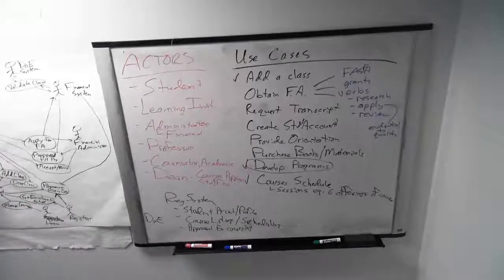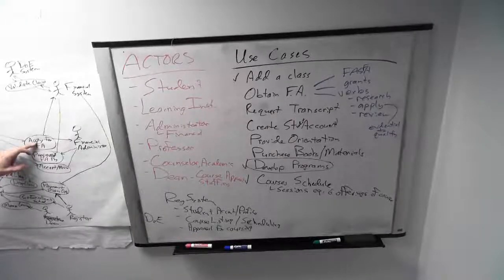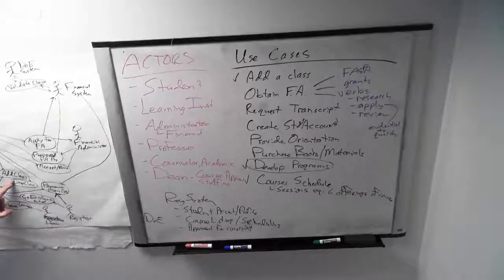But there's usually an application step, and yes, you're accepted. Just kind of assume that for a moment. And then the student can add classes and drop classes. Usually they're going to be applying for financial aid in parallel. I don't think that they require this to be a done deal before the selection of classes, but it's been a while.